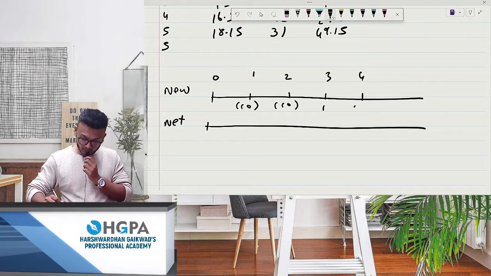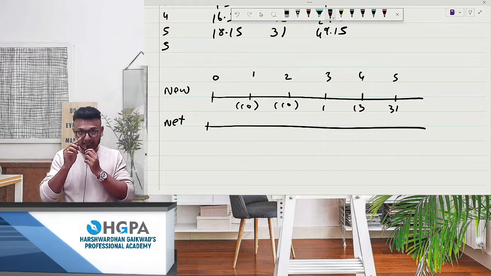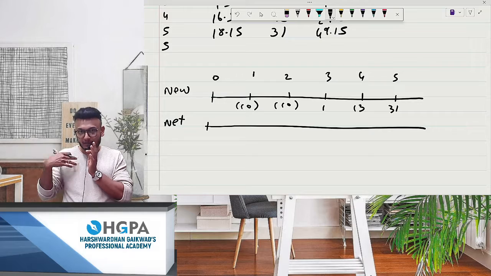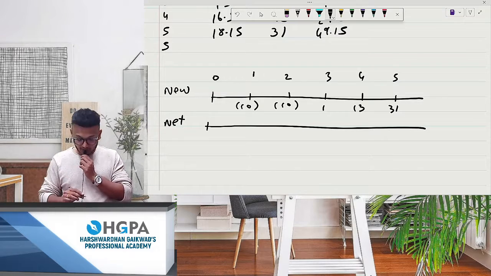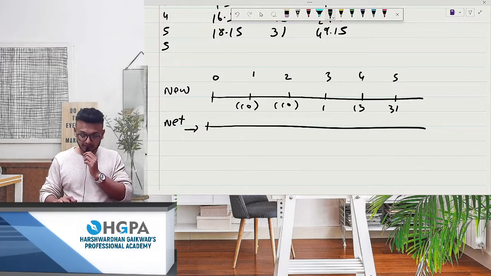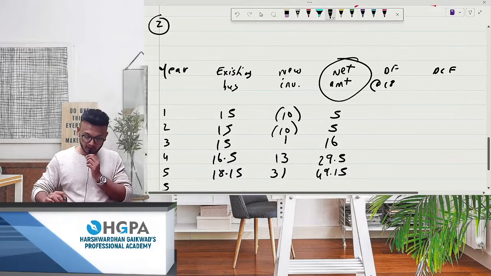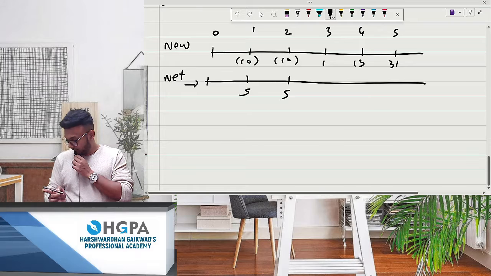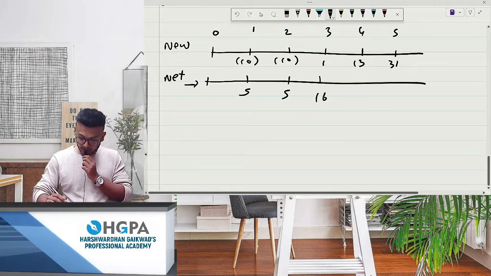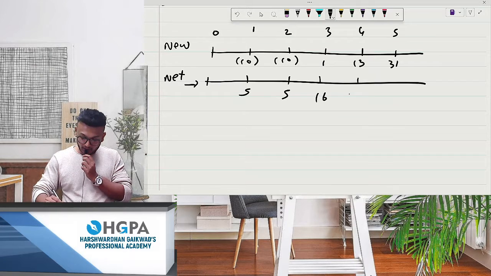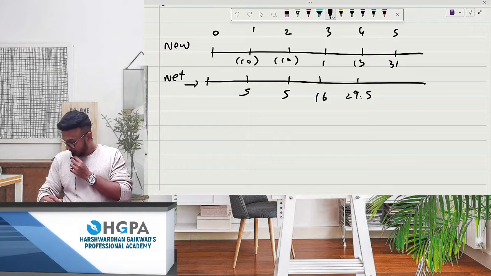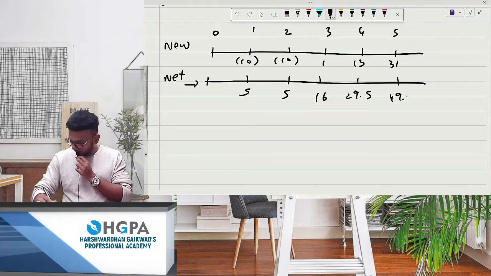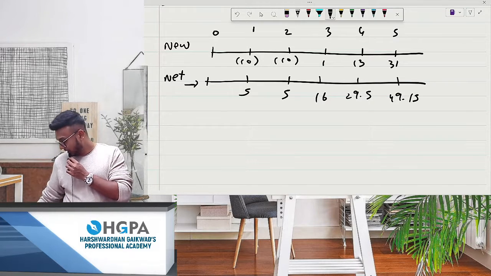Here it was 13, and here it was how much? 31. My net, as in what? If I do not give out dividend, how much is my inflow? So the net amount I'm writing over here. My first will be 5. Next you have 16, next you have 29.5, next you have 49.15, and last you have how much?